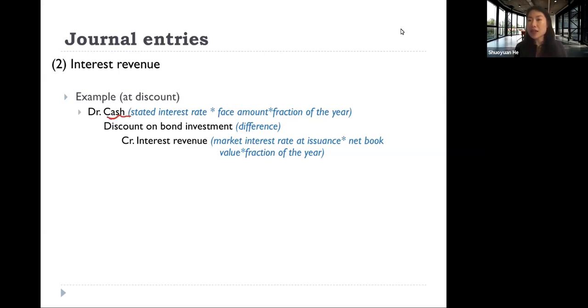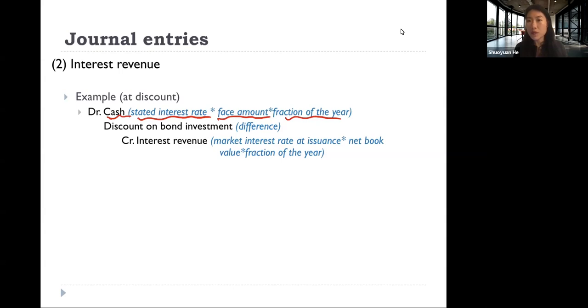And then the cash interest we're receiving is calculated as the face amount or the face value of the bond multiplied by the stated interest rate, also called the coupon rate, and multiplied by the fraction of the year. So if interest is paid out once a year, then this fraction of the year is 1. If it is paid out once every half year, the fraction is a half.